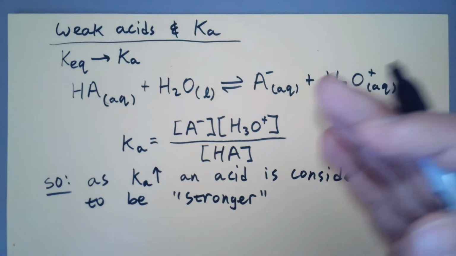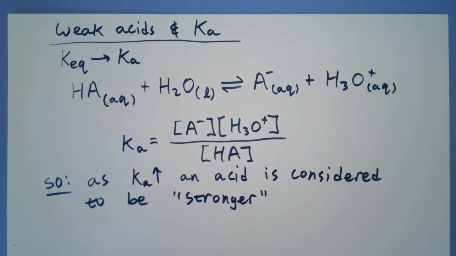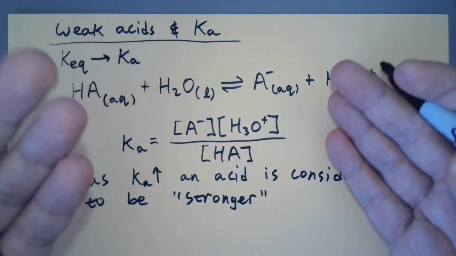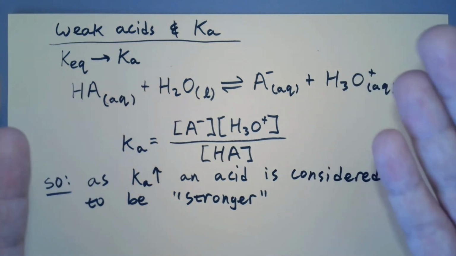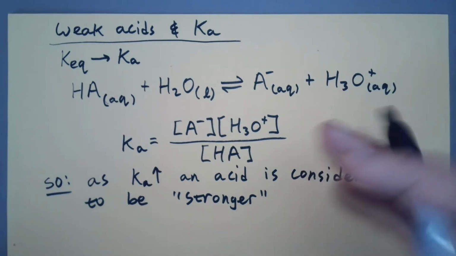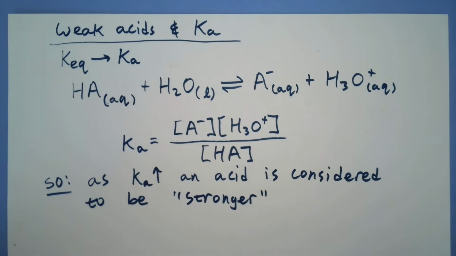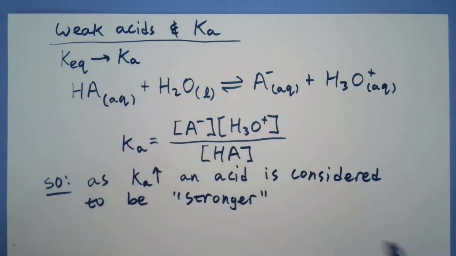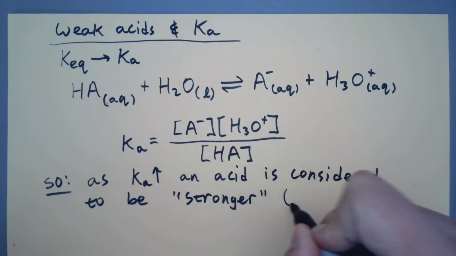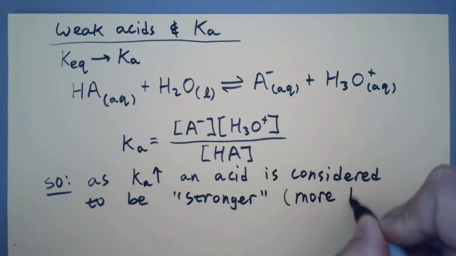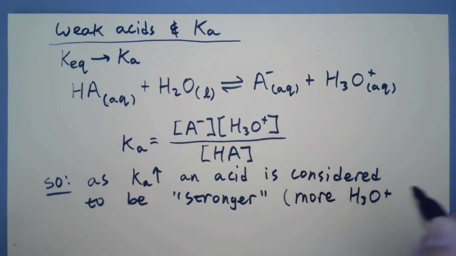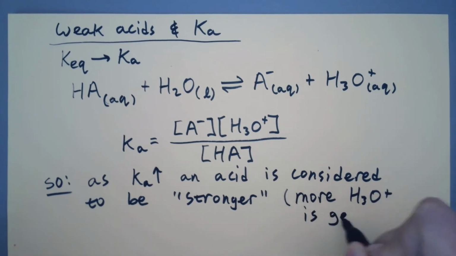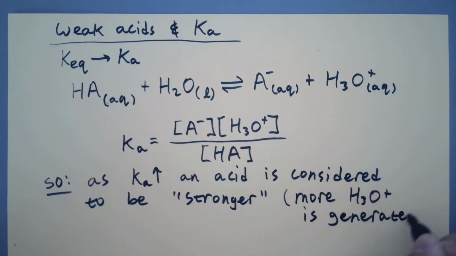But if you were to compare, say formic acid and acetic acid, you could look at the Ka values and see which one is stronger. Which one is going to give you a more acidic solution mole for mole. That's what I'm talking about. So when I say stronger, I mean that more H3O plus is generated.